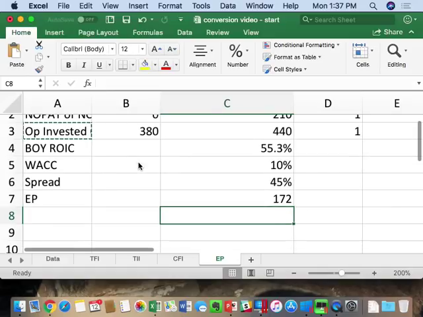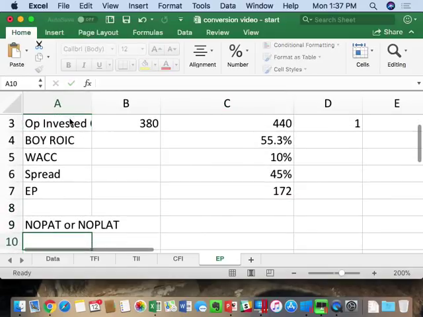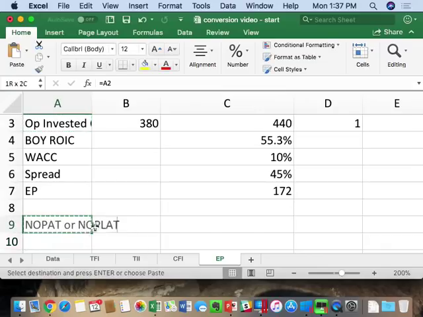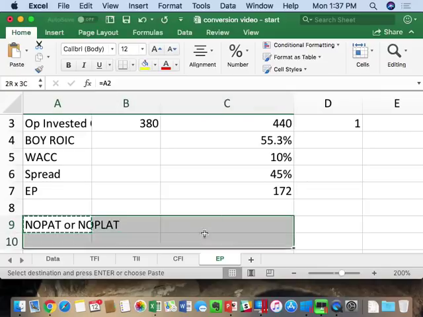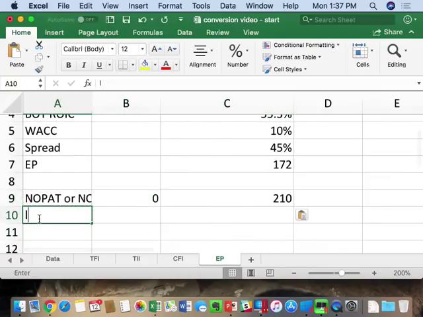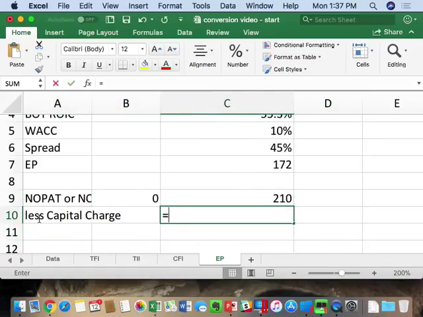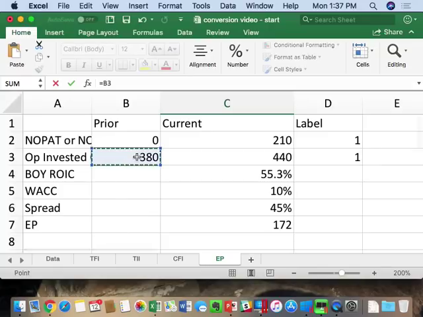Or, method 2, I take my NOPLAT, and I subtract what's called a capital charge. So what is a capital charge? Well, I'm tying up 380 capital, beginning of year, times a 10% WACC.